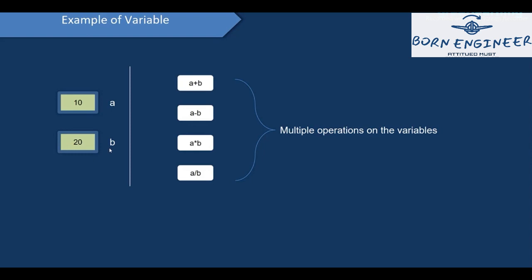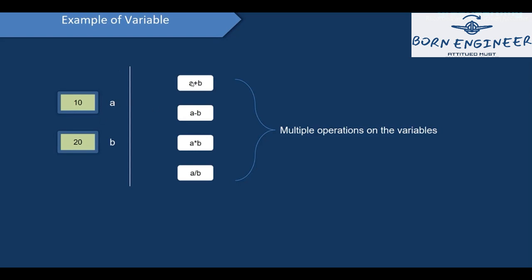Now you want to perform multiple operations on these two values. So what you can do is, you can actually do all of these operations with respect to these two variables. So if you want to add 10 and 20, all you have to do is type in a plus b. And when you type in a plus b, it will actually add the values which are present in these two variables.